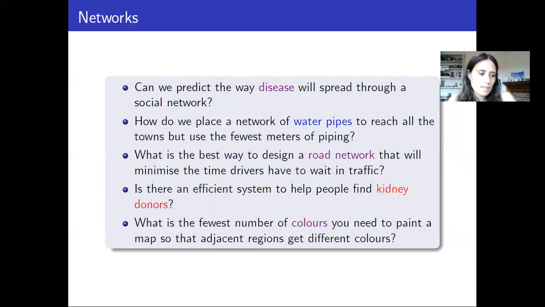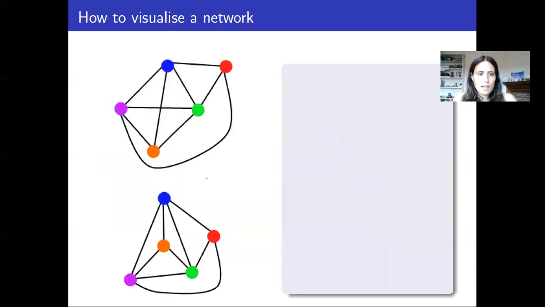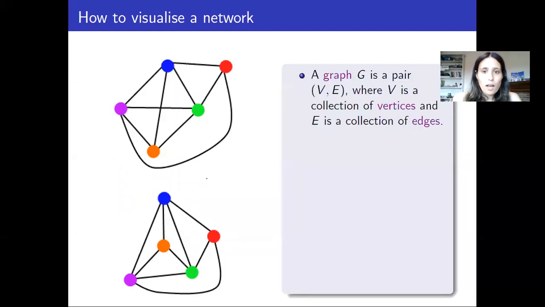And the way that people prove this theorem is they use graph theory. So let me now formally define what I mean by a graph, which is our word for network. So how do we visualize these networks? Formally, we define a graph to be a pair V, E, where V is a collection of vertices, the nodes of the network, and E is a collection of edges.